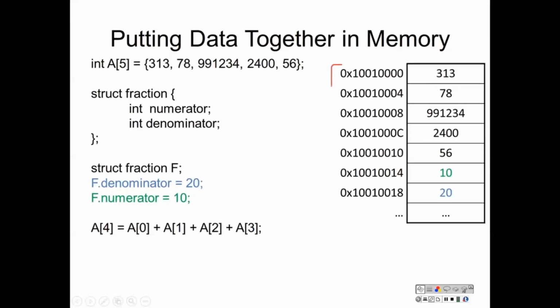The first 5 words starting at the address 0x10010000 belong to the array A, and the next 2 words in memory belong to the struct f. Now let's see how the compiler would generate assembly code for the instructions initializing the array A and the struct f.